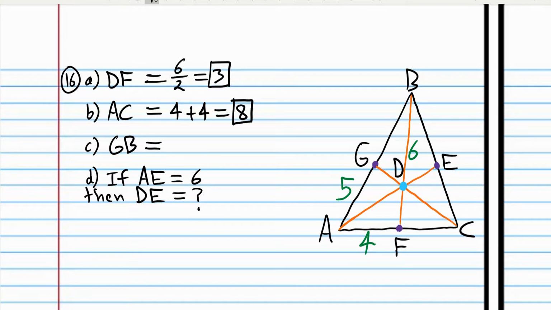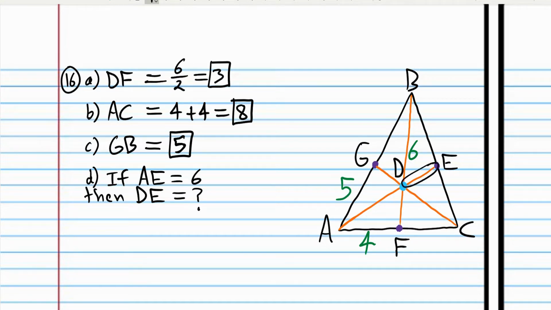GB, same situation. GB must be 5 because these are medians. They go to the midpoint of the sides. So this side is 5, therefore this side must be 5 also. Waiting for my computer to catch up there. All right, so now if AE equals 6, if this whole median length equals 6, then what is DE?